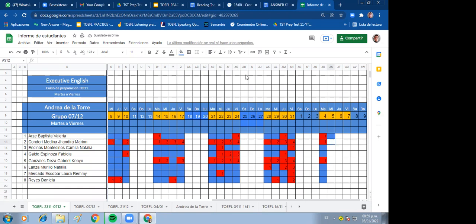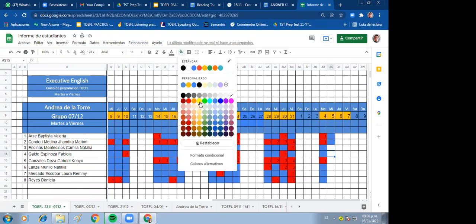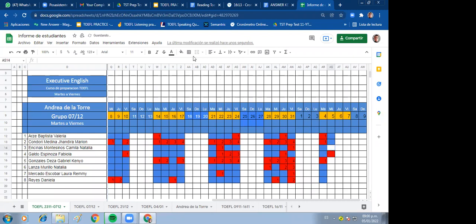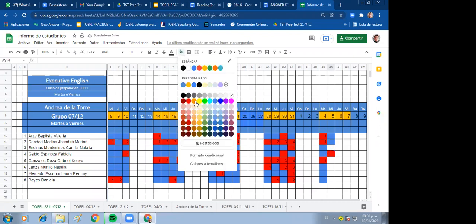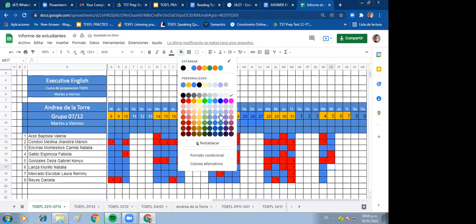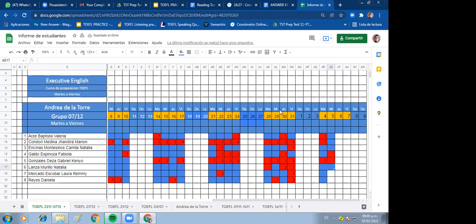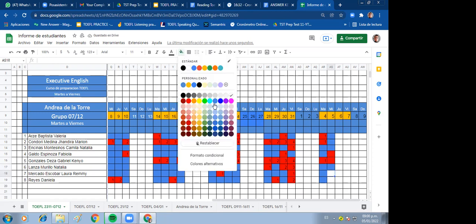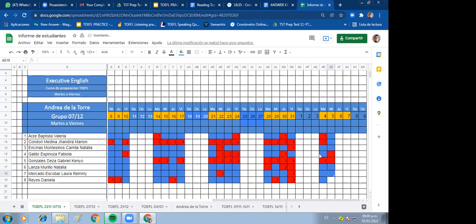Encinas Montesinos Camila Natalia. Here. Galdo Espinosa Fabiola. Not here. González de Esa Gabriel Genio. Not here as well. Lanza Murillo Natalia. Present. Okay, thank you. Mercado Escobar Laura Remy. Here. Okay. And Reyes Daniela. Okay, is here, but she cannot speak, I think.